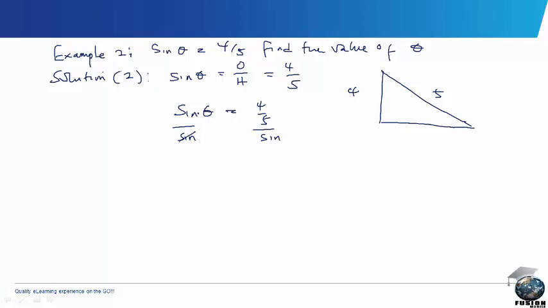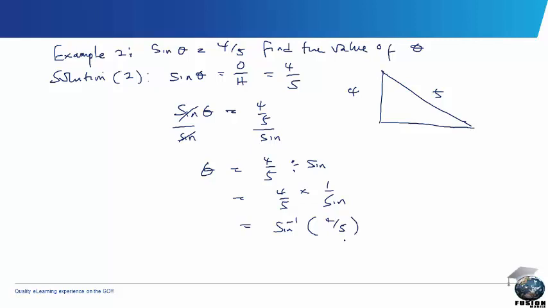So that sine cancels out on this part, and then you have theta equal to 4 over 5 divided by sine, which is as good as 4 over 5 times 1 over sine. Now remember 1 over sine you can write in index form as sine inverse of 4 over 5.